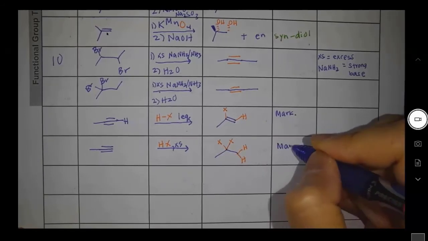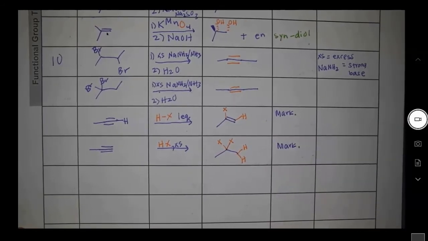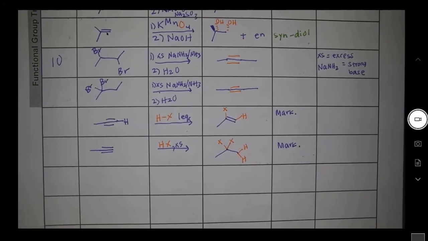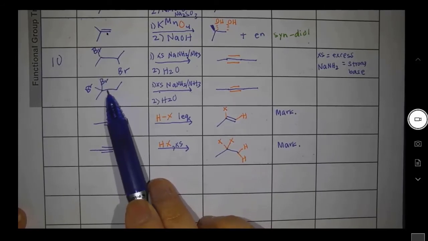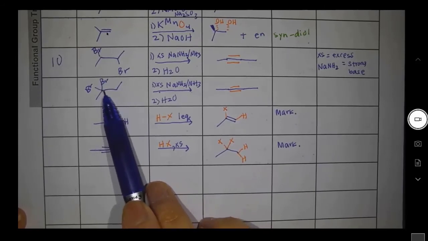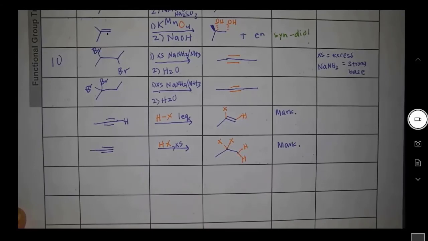So this is still a Markovnikov reaction. So 1 equivalent gives us 1 halogen, and XS will give us 2 halogens. So this is a way to make that compound there if you needed to do the geminal halogens there.